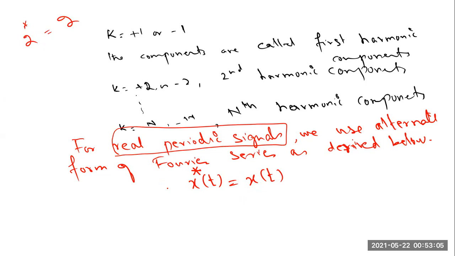So x(t), its complex Fourier series representation is this one: a_k e to the power j k omega naught t, where k is from minus infinity to plus infinity. So let's take the conjugate on both sides.